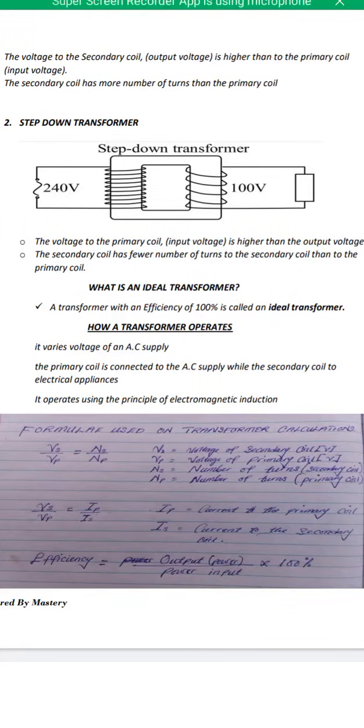Efficiency is calculated as power output divided by power input multiplied by 100%. This is how calculations are done on a transformer.